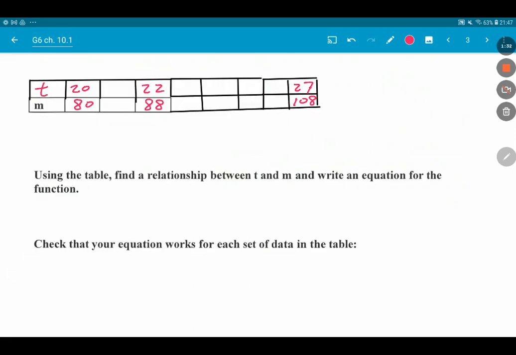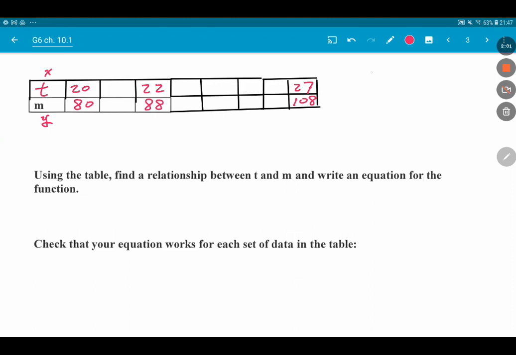And now remember, in order to find out this function, this machine, the equation, we have to make sure that x, in this case t, goes up by 1. So this would be x, and m would be y.